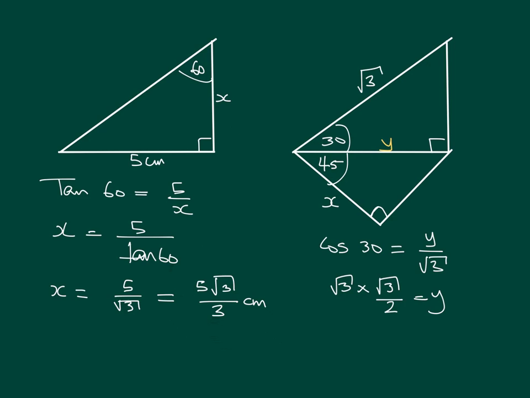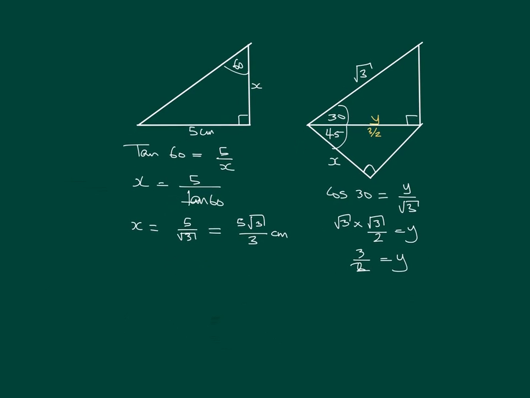So this becomes 3 over 2, which is equal to y. Now that I've got that, I'll put that in here. This becomes 3 over 2. And then now I can go and find this missing side, that is x over there.